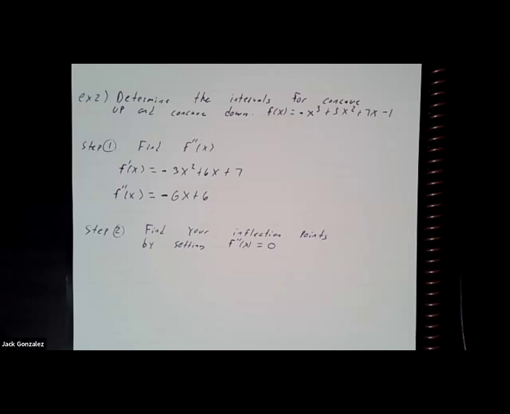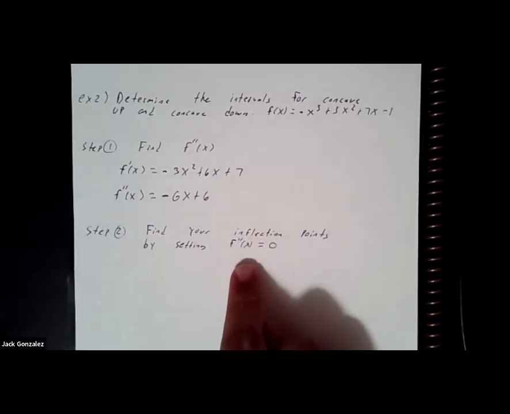Basically, if you have a change in concavity at a specific point, that is considered to be an inflection point. And that happens when the second derivative is equal to 0. So it's like a special critical point.